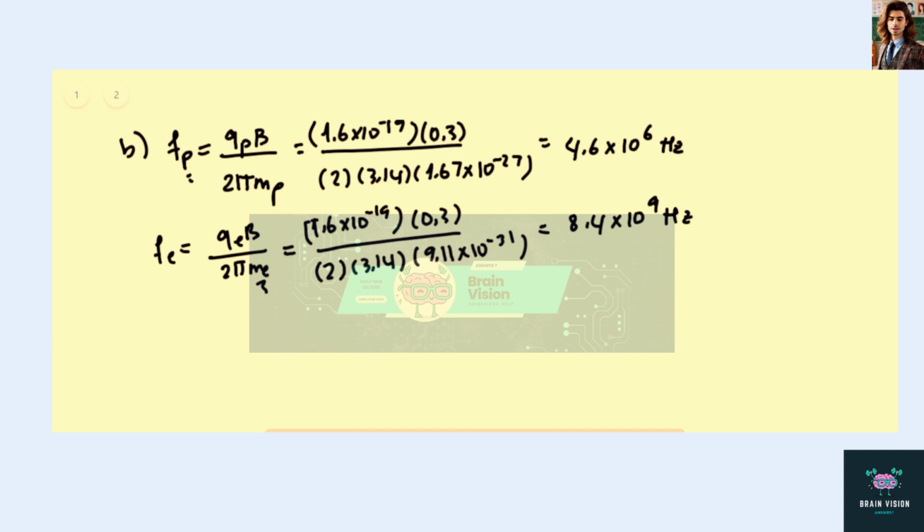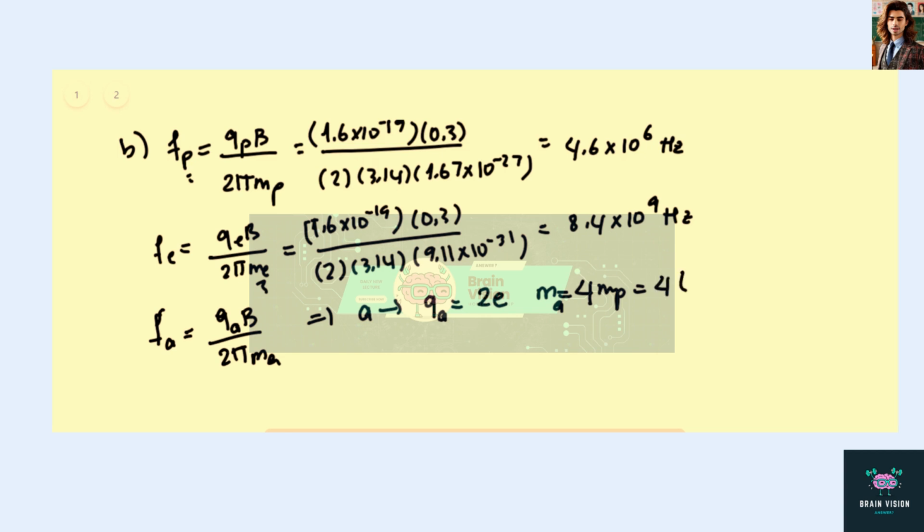Now, let's do the same for the alpha particle. For the alpha particle, we would have q alpha over 2 pi m alpha, right? As you know, in an alpha particle, we have q to be 2e and m to be, let's call it, 4 times the proton. And if we do the conversion between the mass of a proton and the mass of an electron, what we have is 1,836 times the mass of the electron, right?